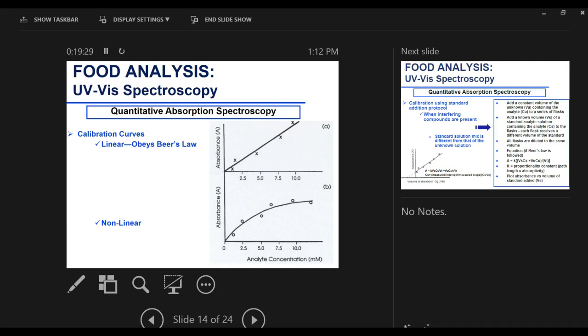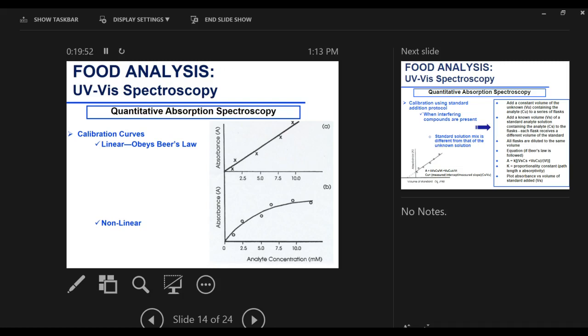So when we select our standard concentrations, we always run them to see if we get a linear relationship. And then we establish, okay, the linear relationship is between 0 to 10 millimolar for that particular compound. It seems like here it's 0 to 5 for this other analyte. But for this particular compound, it's 0 to 10.